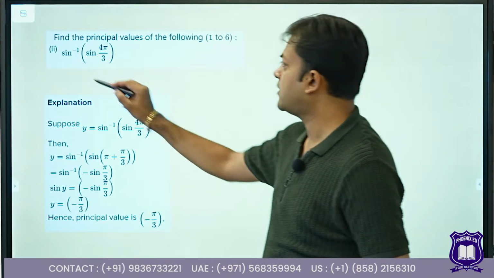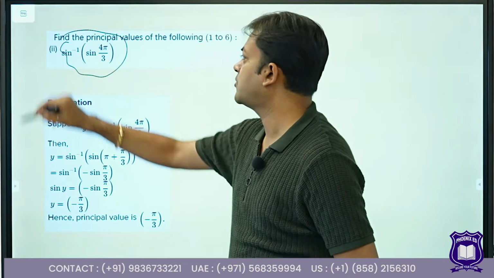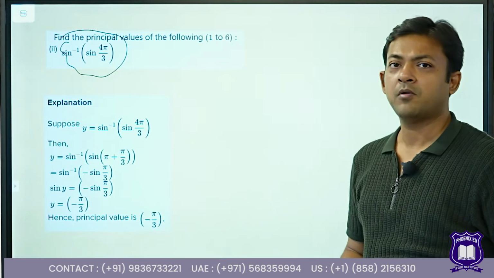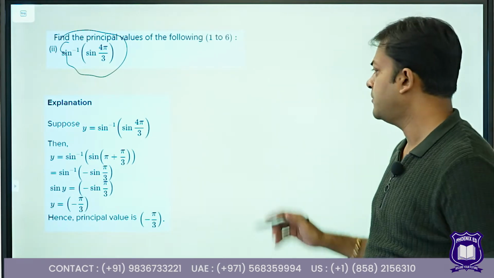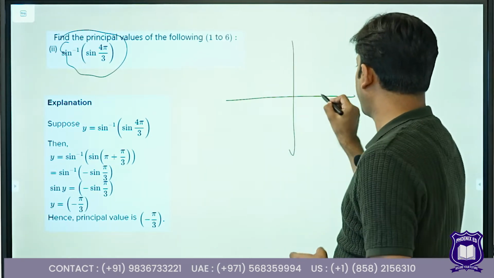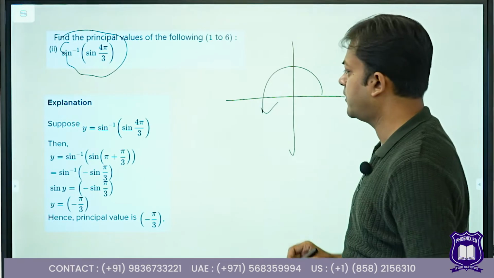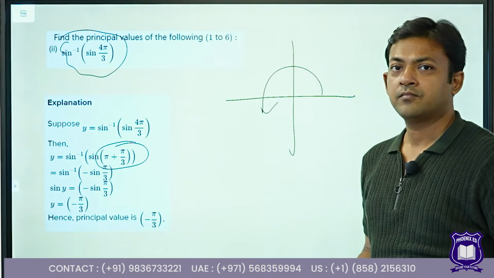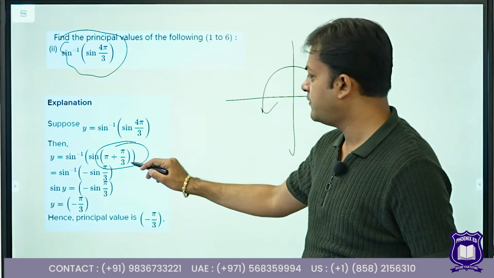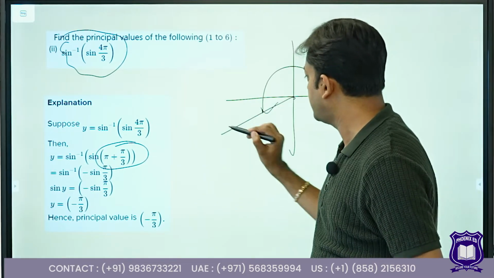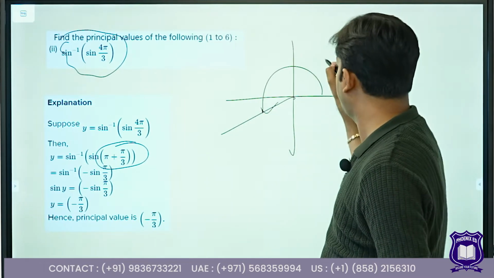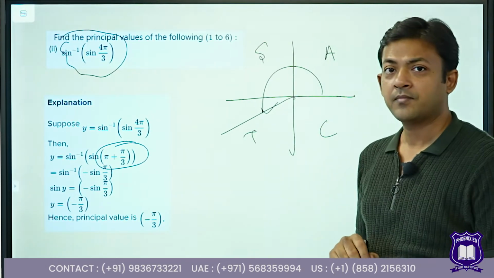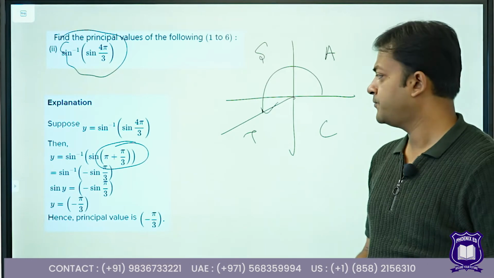In this case, the question says to find sine inverse of sine 4 pi by 3. Similar to the previous problem, 4 pi by 3 is an angle which would lie in the third quadrant, which is again pi plus pi by 3. In order to simplify this, we see that the value lies in the third quadrant, where sine is negative, hence the value would be negative.